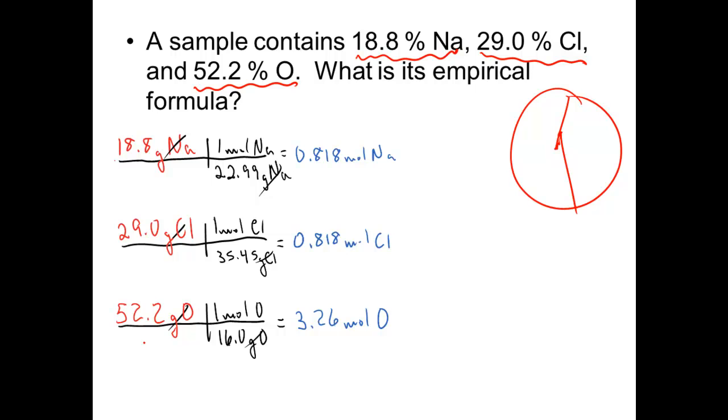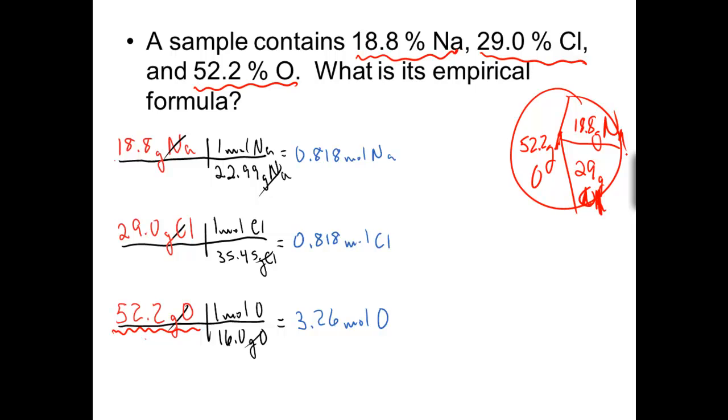So we're just going to change the percentages to grams by saying 52.2% is 52.2 grams of oxygen. 29% is 29 grams of sodium, and 18.8 grams, I got those mixed up. That's 29 grams of chlorine and 18.8 grams of sodium.